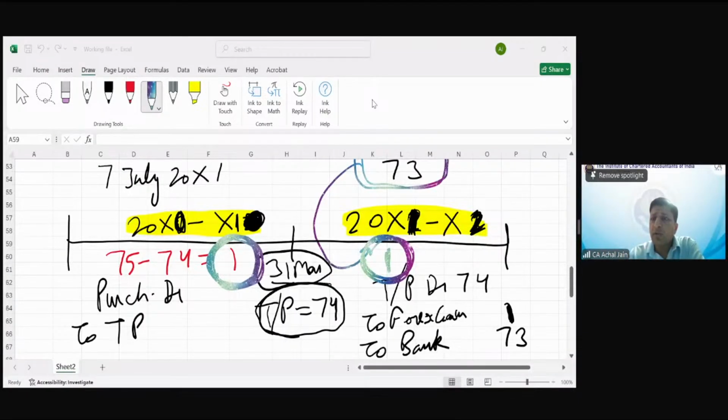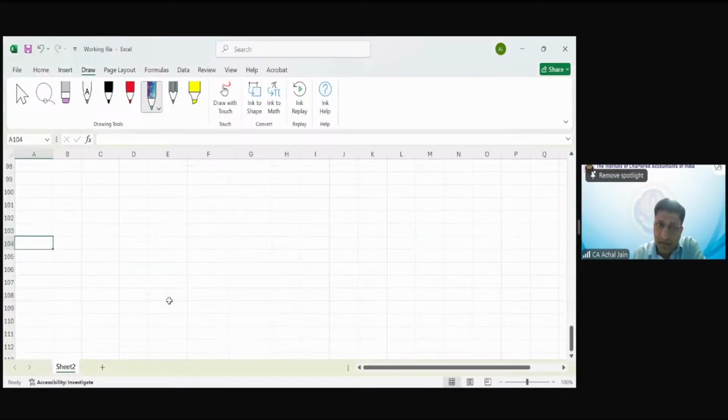Then I can see one query coming from Tanu. Yes, Tanu, what's your query? Sir, in illustration second, if in place of 73 we have to pay 76, then what entry will we make? You tell me what the accounting entry will be. Sir, in the first case we are making a profit of 1 rupee.